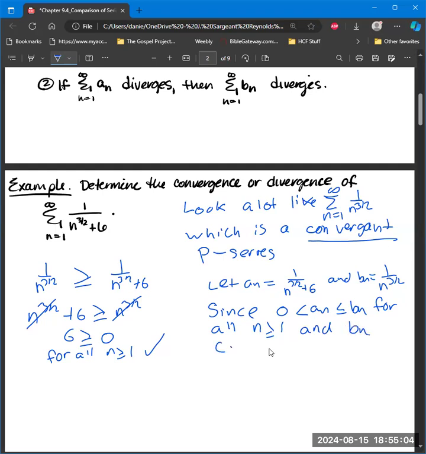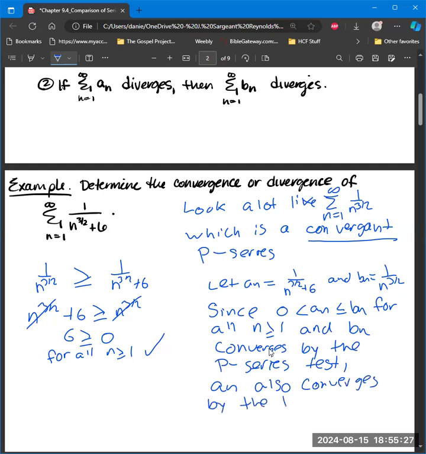and bn converges by the p-series test, an also converges by the direct comparison test.